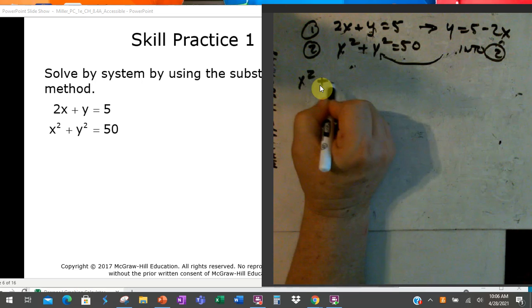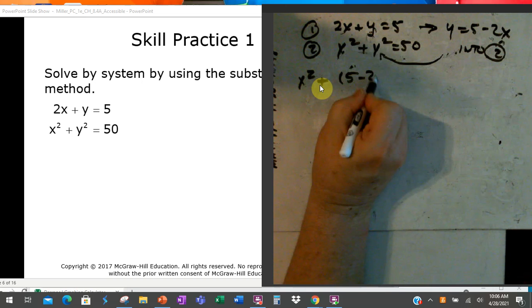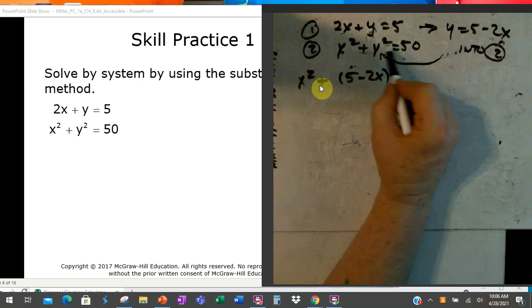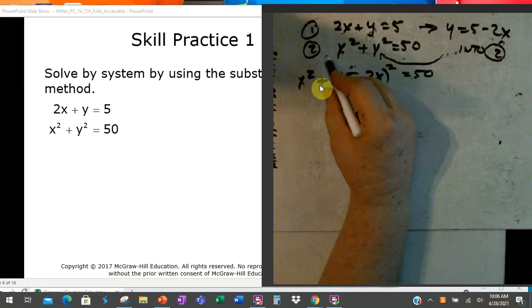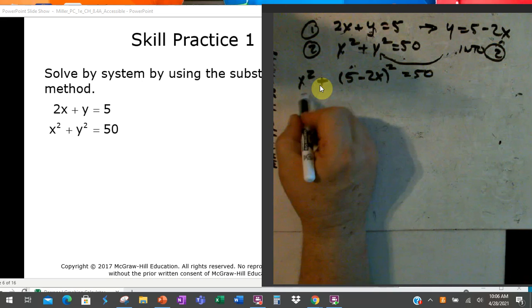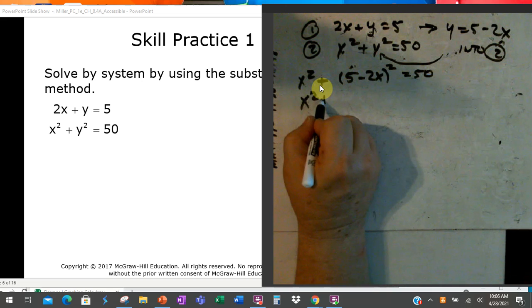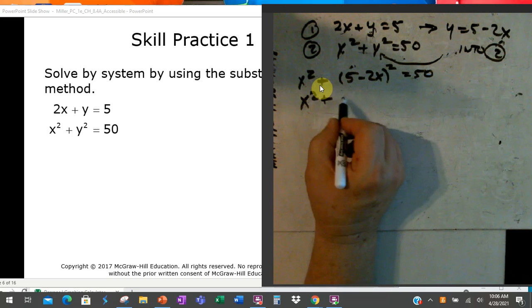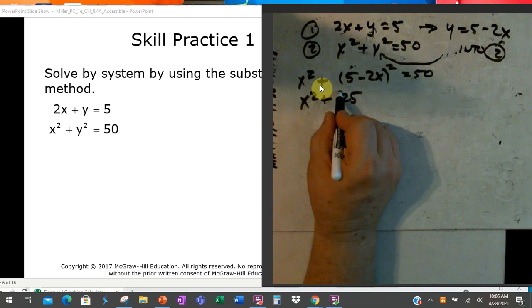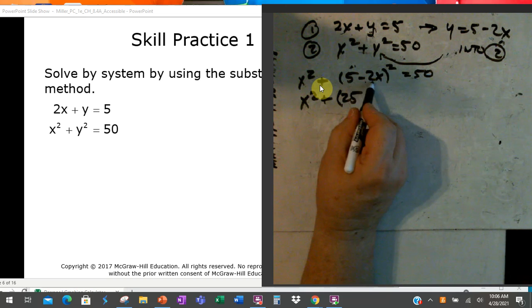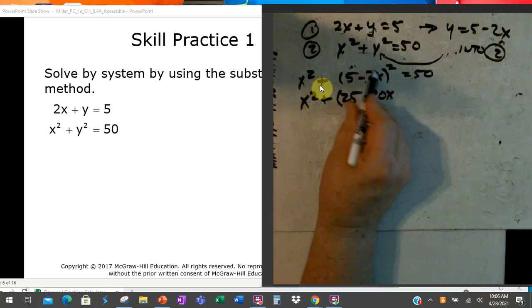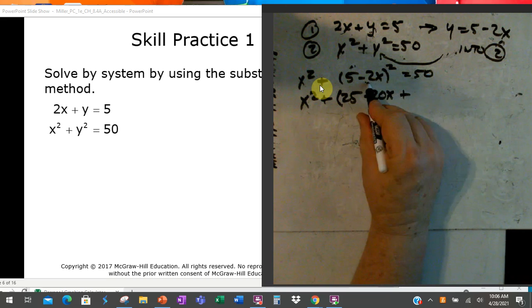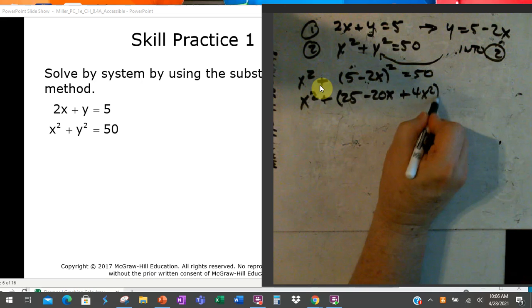So my x squared, that's what my y is. I have to square it. There's my 50, there's my x squared. So x squared plus, square the first, 25, multiply the 2 together, negative 2 times 5 is negative 10, and doubled is minus 20x, and then square the last one, 4x squared, is equal to 50.